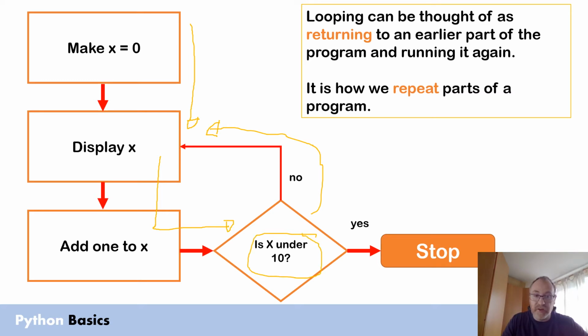So it'll print out 0 first, add 1 to x, so x becomes 1, 1 is less than 10, it repeats, it will come back to this part here, print out the 1, add 1 to it, test it again, and we'll keep going until x is no longer greater than 10. As soon as that condition is no longer true, it will then go to the stop and end the program.